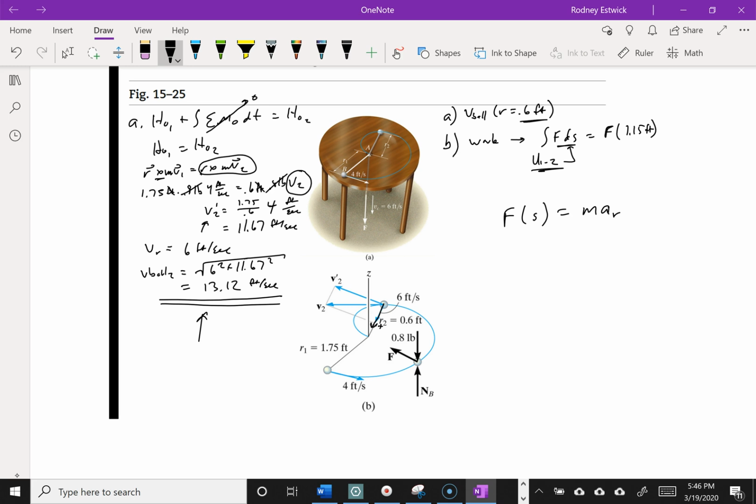So we can simplify it to acceleration radial, and we can say that that's velocity squared over the radius. But now I need speed as a function of radius. I don't have that either.